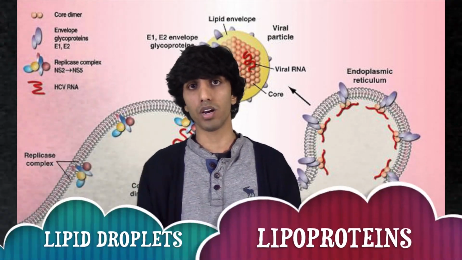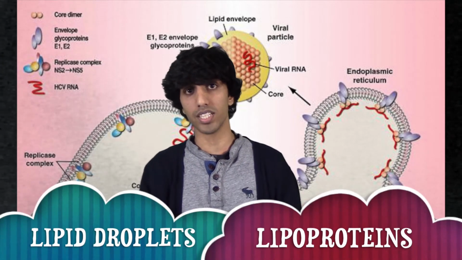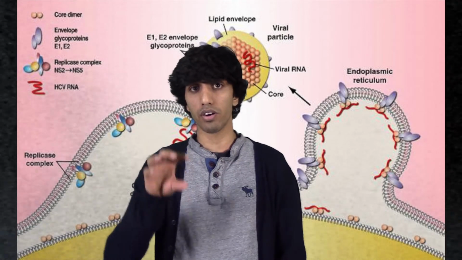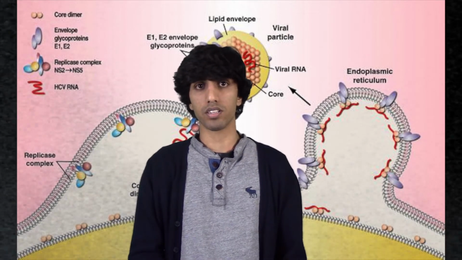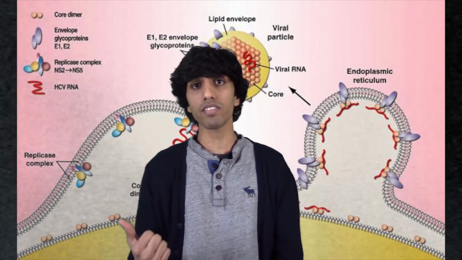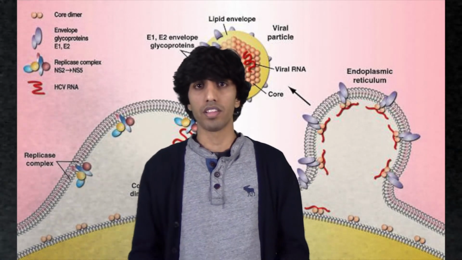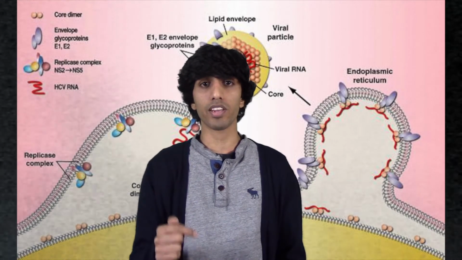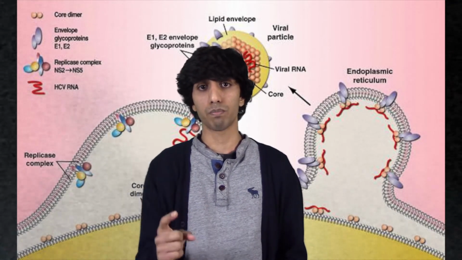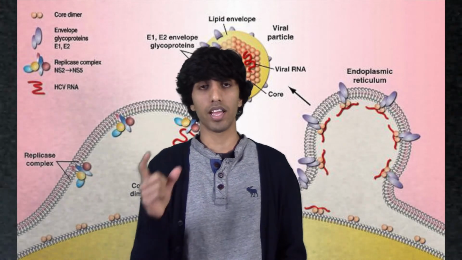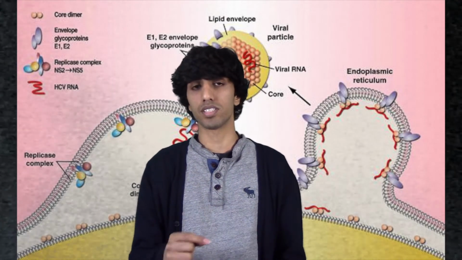Viruses bound to lipid droplets can bind to lipoproteins, forming lipoviral particles. This particle can then be transported out of the liver cells to infect new liver cells. In short, the virus is essentially exploiting our lipid metabolism to promote its own production and to be transported to new places for infection. All this could potentially be occurring within our own body without our knowledge.